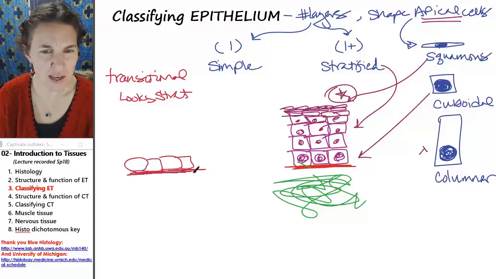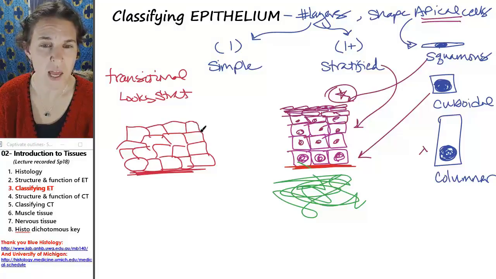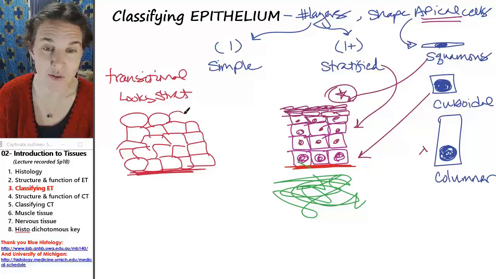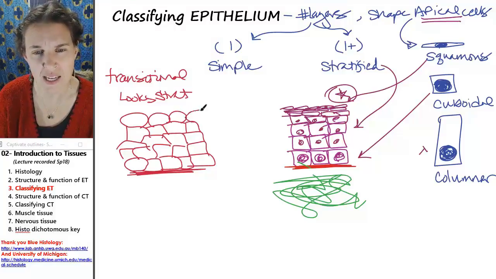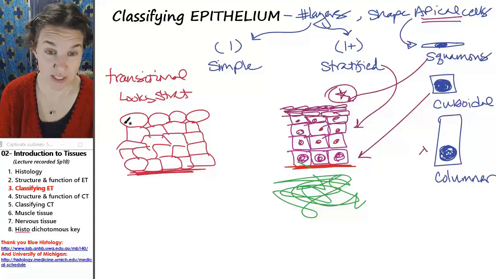If this is my basement membrane, you've got these layers, and all the cells in the layers actually look cuboidal. But then at the top, the luminal or apical edge, the cells get a rounded, balloon-like look to them.